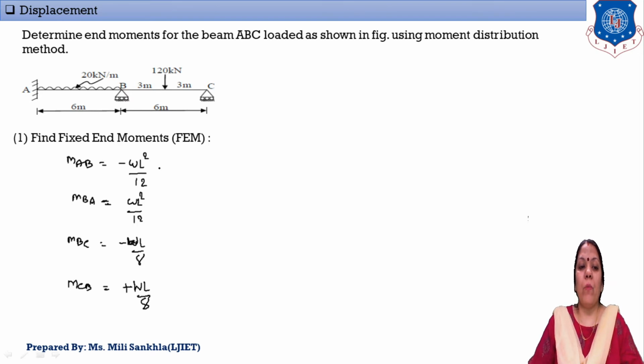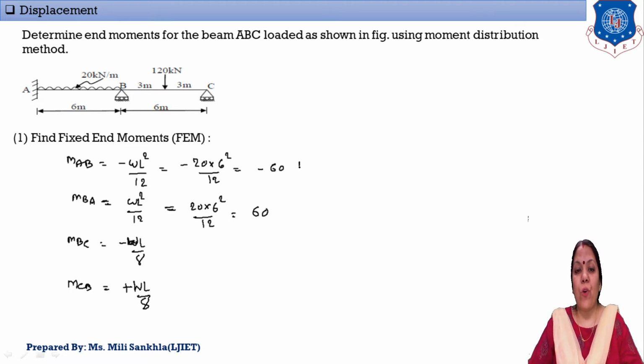Now one by one: W is equal to 20, L is given as 6, so 20 into 6 square by 12, and the answer is minus 60. Second, W is equal to 20, positive, then 6 square by 12, and this answer is positive. The unit of moment is kilonewton meter.